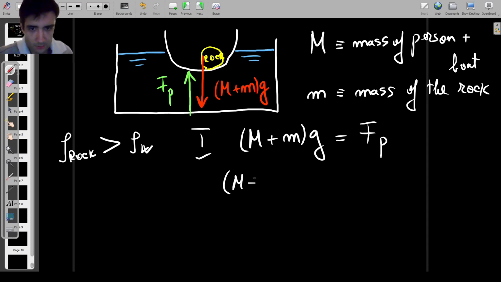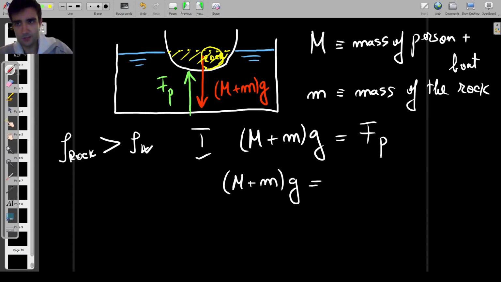So this is M plus m times g, and this is equal to, again, the weight of the displaced water. And the weight of the displaced water is given by the displaced volume, which is the volume of boat beneath the water surface.